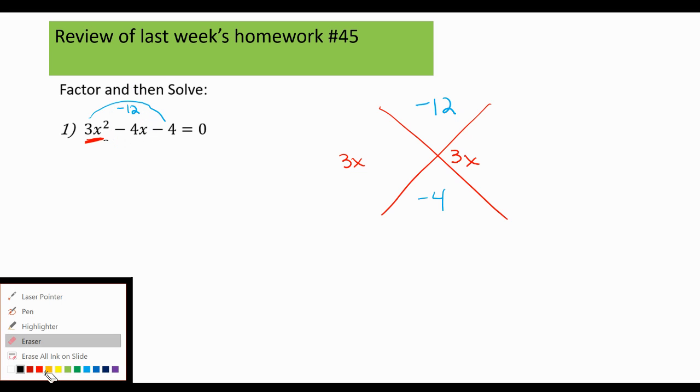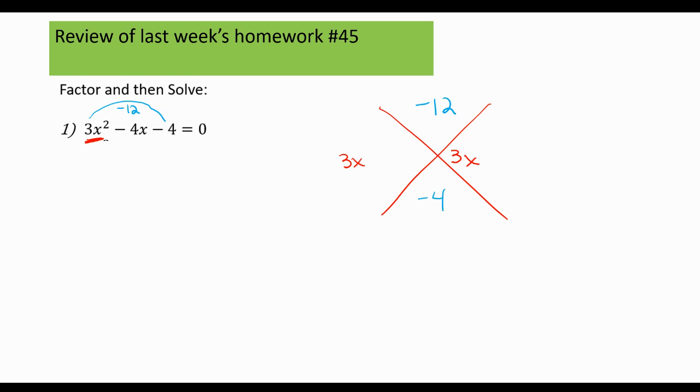Okay, so you're asking yourself what multiplies to -12 and adds or subtracts to the -4. So what multiplies to -12? How about a 12 times a -1? How about a -12 times a 1? How about a 6 times a -2? How about a -6 times a +2?